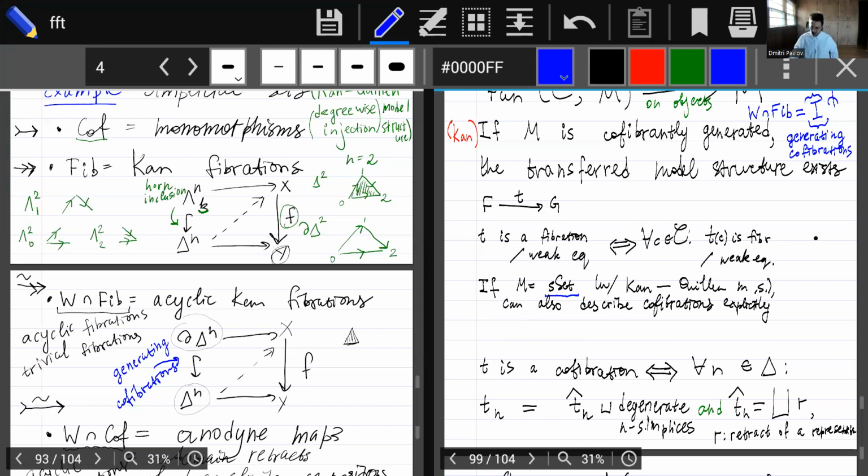And what happens here is we reinterpret functors from C to simplicial sets, which are just simplicial objects in sets. Well, we can reinterpret this as simplicial objects in presheaves of sets.